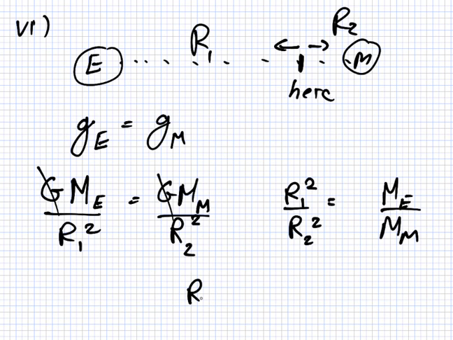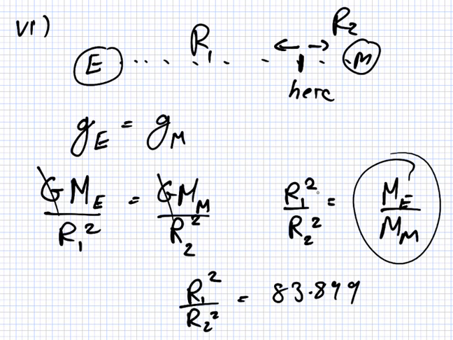Okay, the Earth is 6.024 times 10 to the power 24. So you have R1 squared over R2 squared equals 83.899, because this is given in the question. You just divide them.